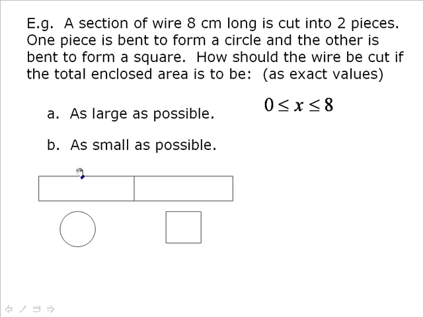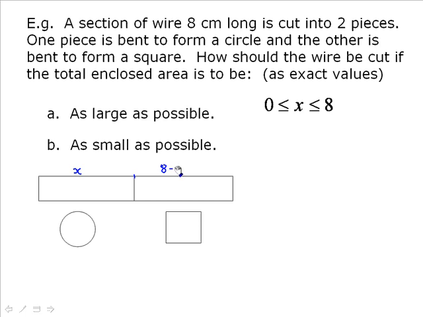The best way to approach it is to, first off, call x the section that's going to be cut off to form the circle. However you want to define it, it'll be the distance. You could switch that around and have the circle on the right if you preferred, but I think you'll find this works better.